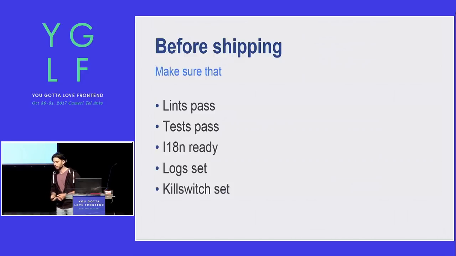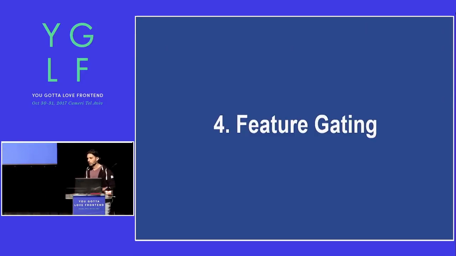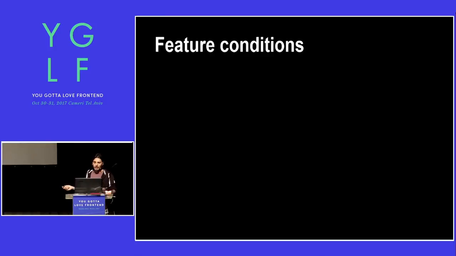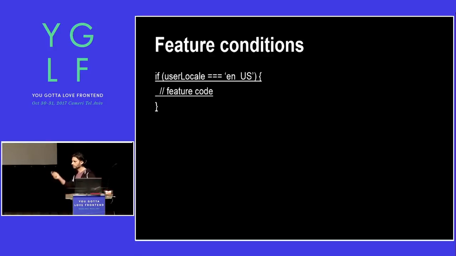We use something called feature gating when we release something into production. We have a very useful tool for that. Once a feature is ready and you want to turn it on or off or decide on the exposure percentage, you can put it as conditions in the code. If you want to expose a feature only to Americans, you have that inside.